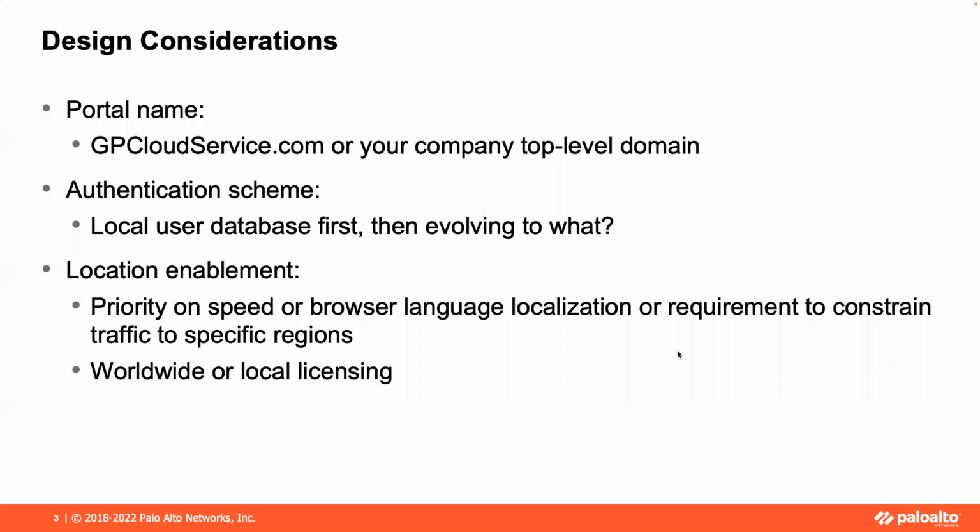Not services, it's just singular. And then they can make it whatever their company is. It could be like mycompany.gpcloudservice.com, or you may be a customer that has your own domain, like company.com. So maybe you'll name your portal portal.company.com.